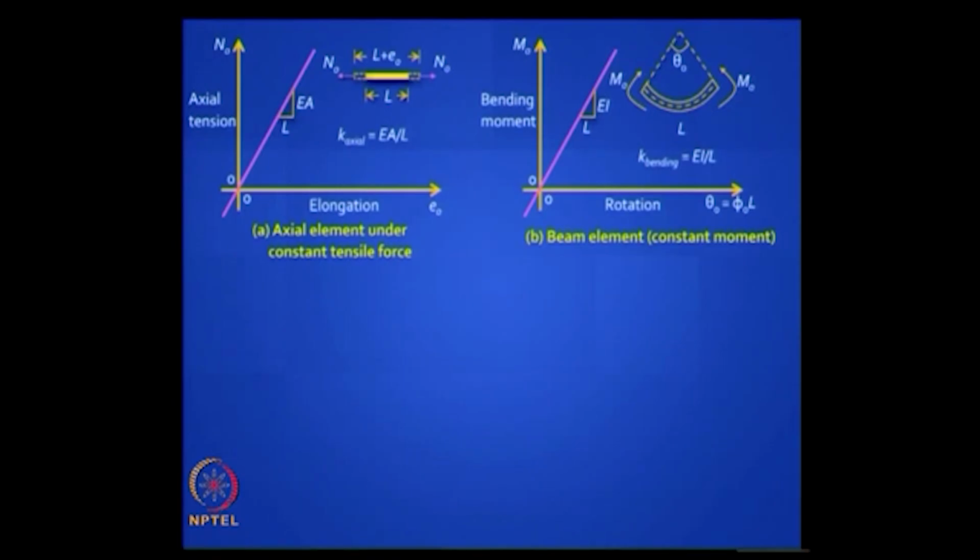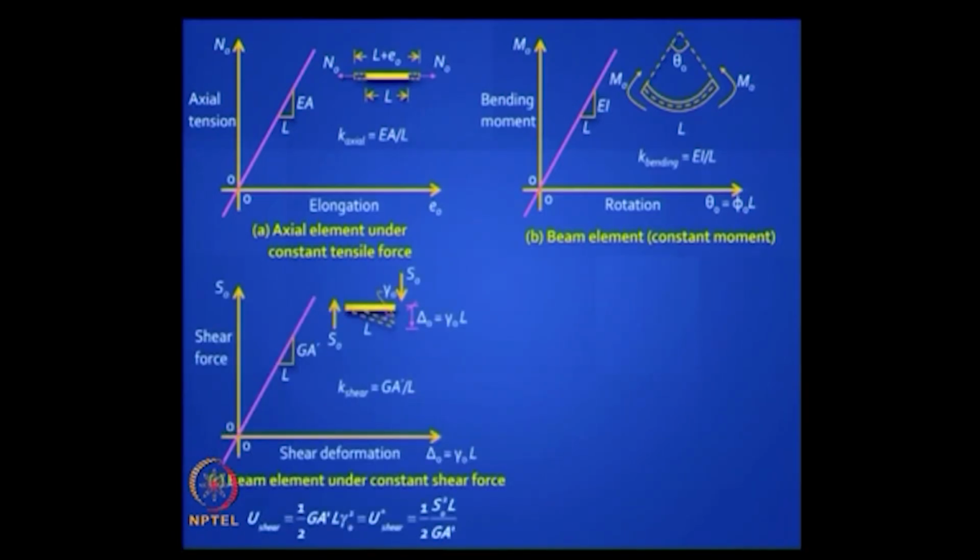In the first picture EA by L is a measure of axial stiffness. If you do not have uniform moment, then it's some EI by L into some multiple, some 2 or 3 or 4 or 5 or whatever.